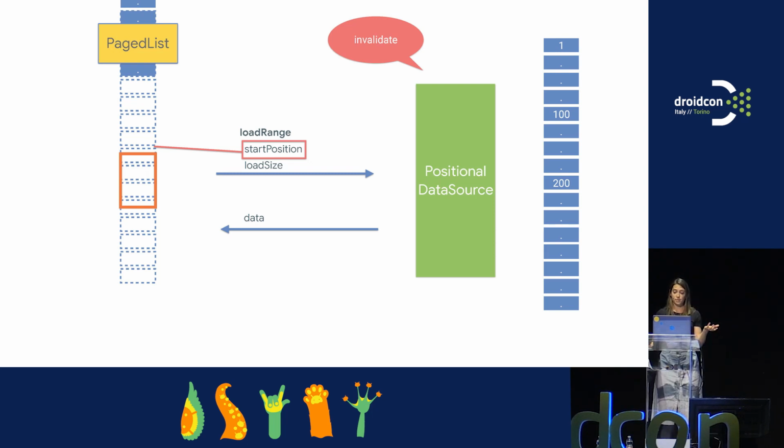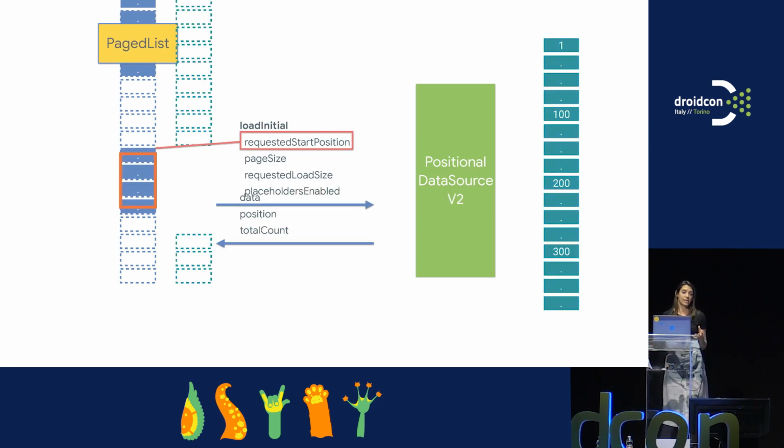So we're at a different position. Now load range is called again. We will get the position from the recycler view and use that as a start position. And we would pass the load size. We would get the data back. And we're only displaying the data that is needed, the data that the user actually had seen.